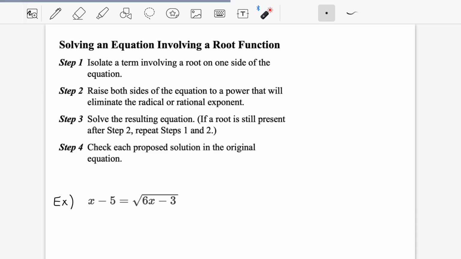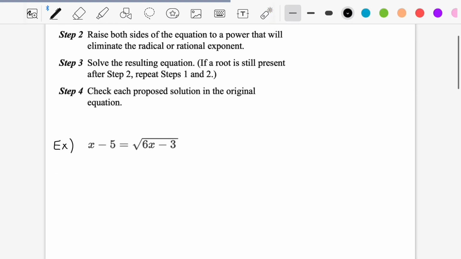And notice we already have the term involving the root on one side of our equation, so step 1 is done for us. Now for step 2, we want to raise both sides of the equation to a power that will eliminate the radical or rational exponent. So notice that we have x minus 5 is equal to the square root of 6x minus 3.